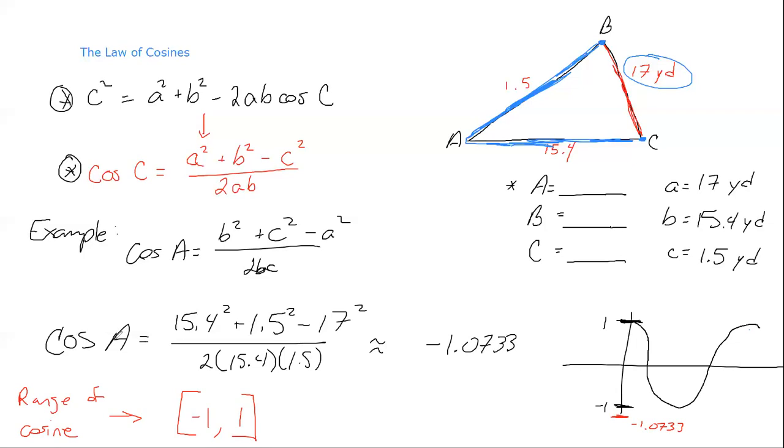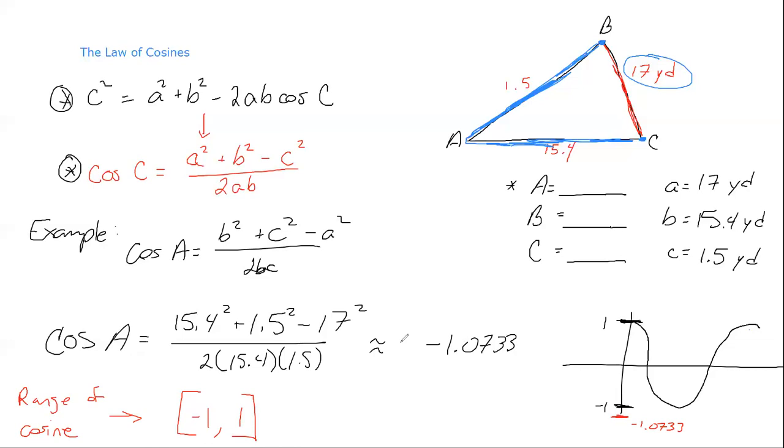So it's impossible to get the cosine value to give me a number that is less than negative 1, just as it's impossible to get a cosine value that's bigger than positive 1. So if you ever get a number less than negative 1 or a number greater than positive 1, that cannot be the value of the cosine or the sine for that matter.